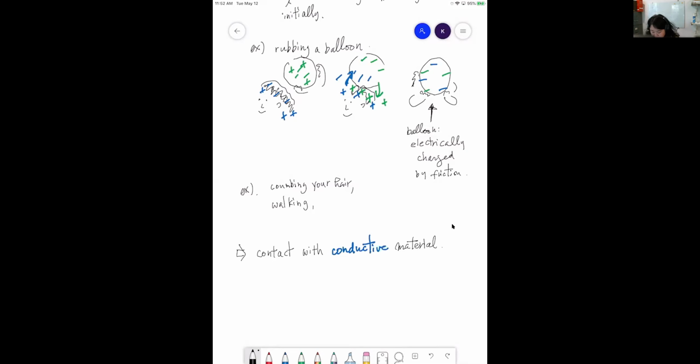So when you make contact with the conductive material, you have a flow of electrons, and you can charge the conductive material through contact between the contact material and the charged object.